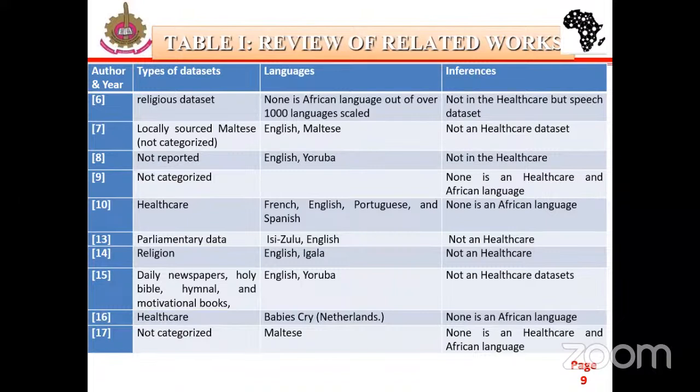Reference 10 talks about work in the healthcare domain. French, English, Portuguese, and Spanish were used, and you can agree with me that the data sets used in their implementation, none of them was from the African continent.